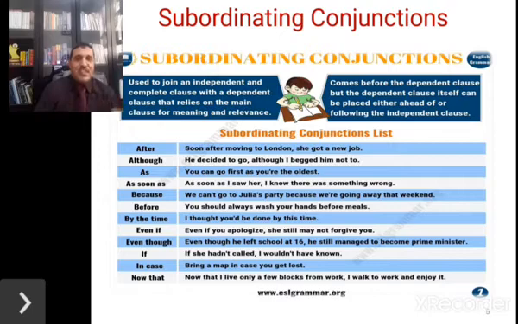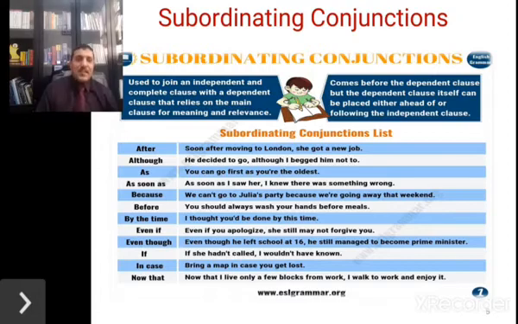Subordinating conjunctions are used to join an independent and complete clause with a dependent clause that relies on, that depends on, the main clause for meaning, or relation, or relevance.